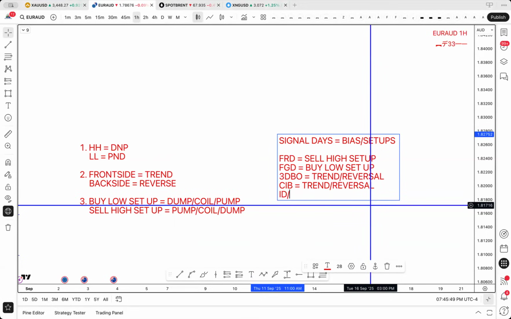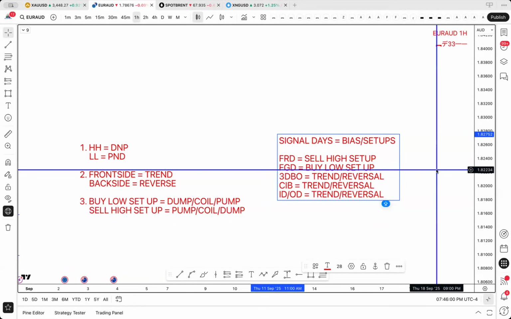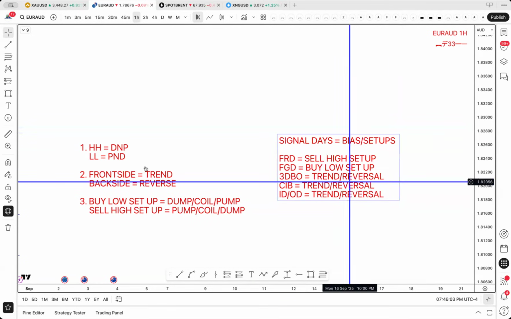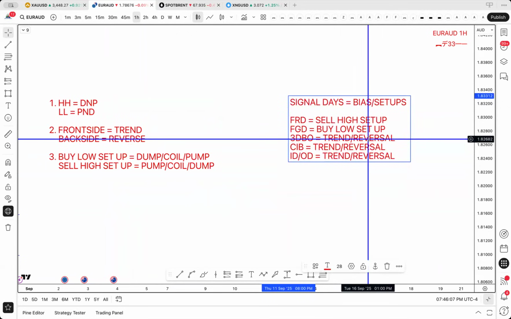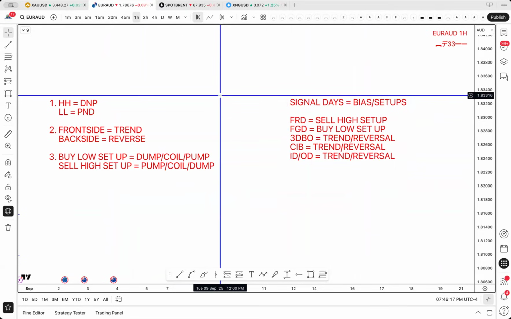Inside day slash outside day, which we'll go over, is also either going to be a trend or a reversal setup. The first red day, first green day is more so a directional bias signal, which the best ones will give you the trade the next day. But there will be certain occasions where the trade won't actually come until two days later, sometimes three days later.